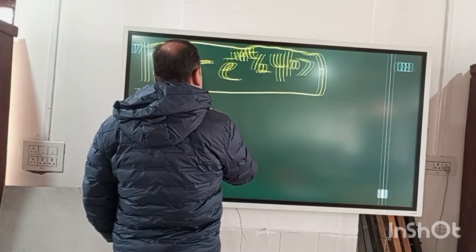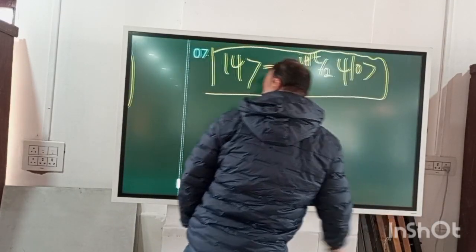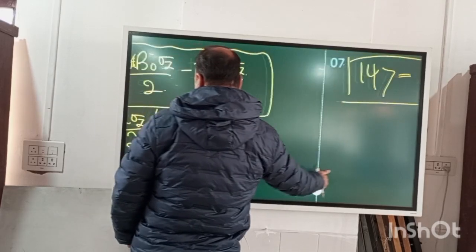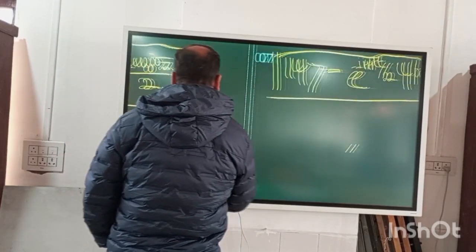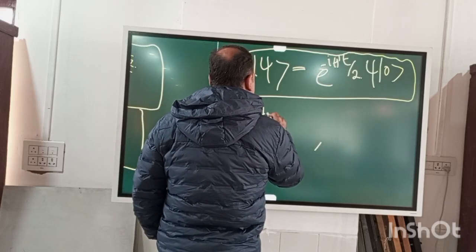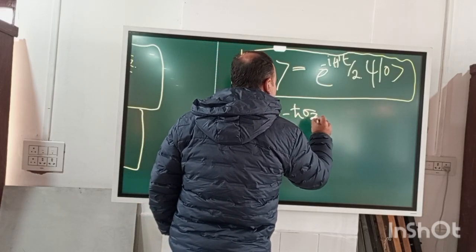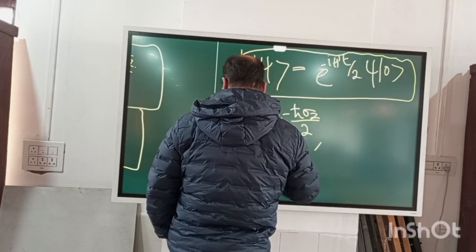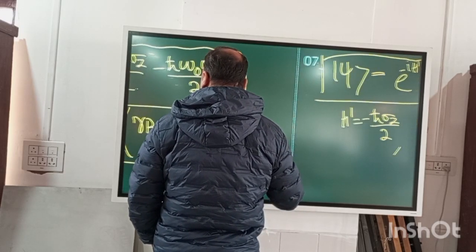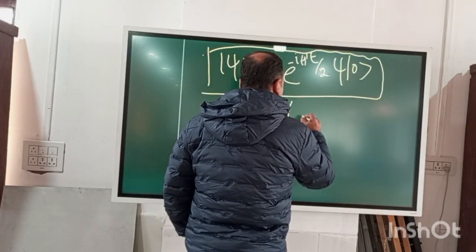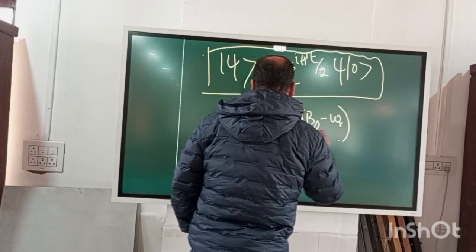So the state of the system can be written like this, and h dash is already calculated. And what's that h dash? H dash is minus h bar sigma z by 2 times gamma b naught minus omega naught.